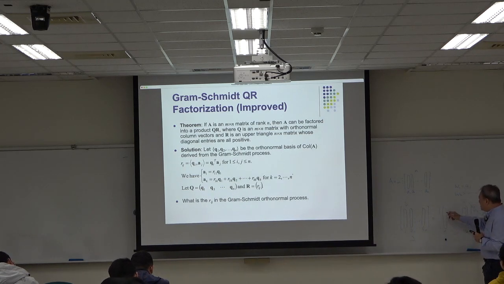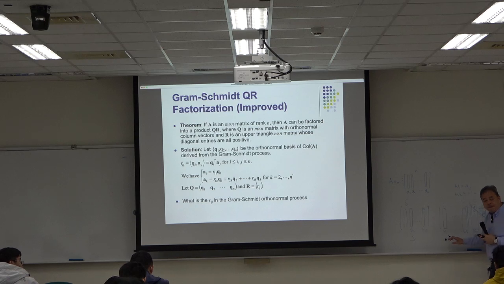Basically, we need to divide the first column by the length of W1, and we divide the second column by the length of W2, and so on, right?